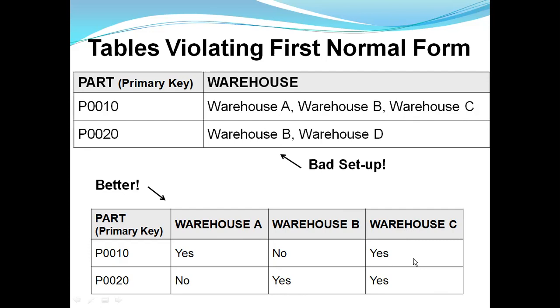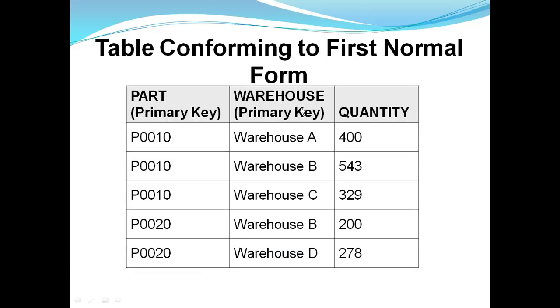So what will be the solution for this? In the first normal form, redundancy may increase, but that rule must be applied. So we can make it something like this: part, warehouse, and we have added one extra column. So you can see that redundancy has increased, 10, 10, 10 multiple times, B, B multiple times.